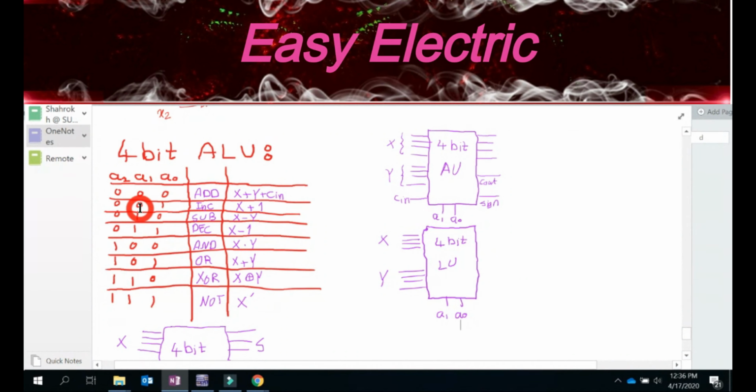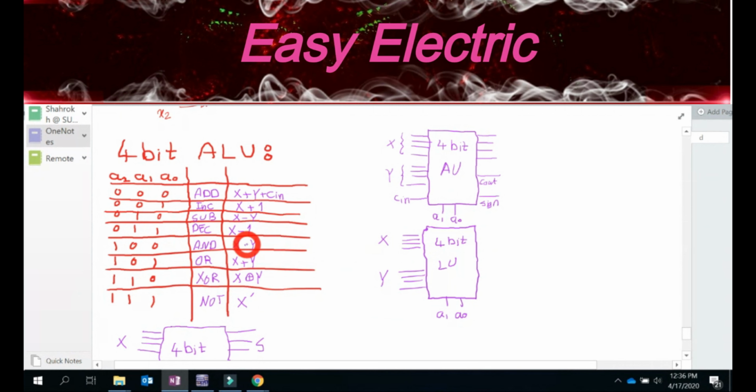So 0, 0 is add, 0, 1 is increment, 1, 0 is subtract, 1, 1 is x minus 1. Same thing for the logic: A1, A0, 0, 0 is AND, 0, 1 is OR, 1, 0 is XOR, and 1, 1 is NOT. So I put exactly these A1, A0 to these two address bits.